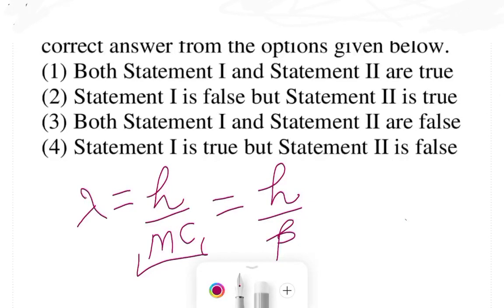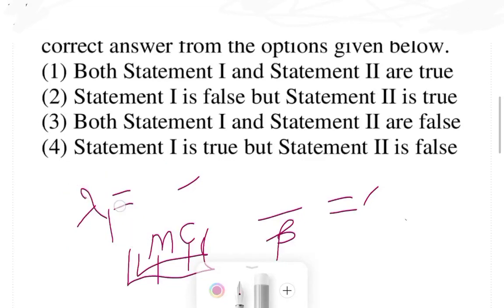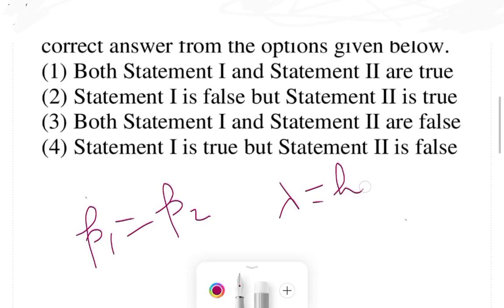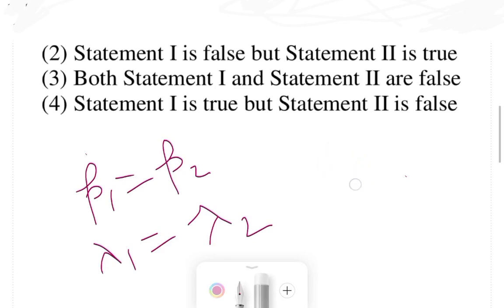If we have two photons with wavelengths lambda 1 and lambda 2, then h upon p gives lambda 1 equal to lambda 2 when momentum is the same, because h is constant. When p1 is equal to p2, using this equation we can say that lambda 1 is equal to lambda 2. So statement 1 is correct.